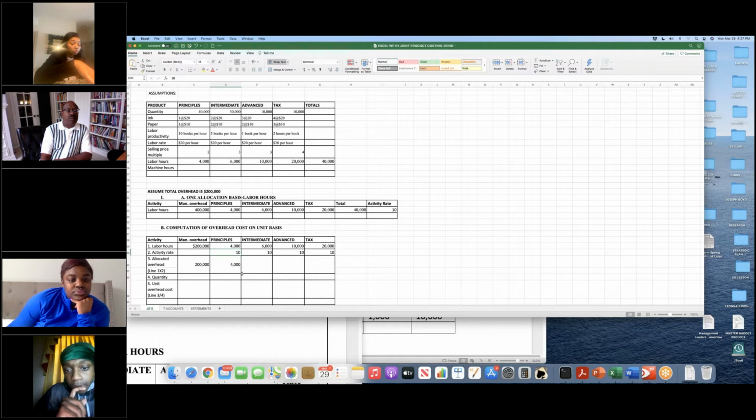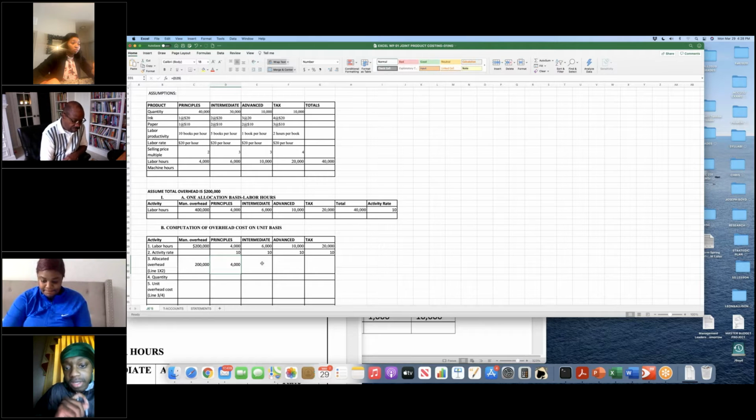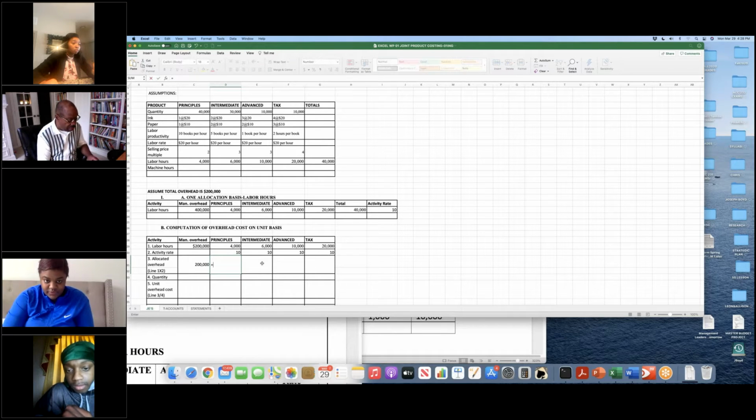Any questions? It has to be an asterisk. Like you have to use a star, not the X. You're right, it just has to be the asterisk. So 4,000 times 10 equals 40,000.